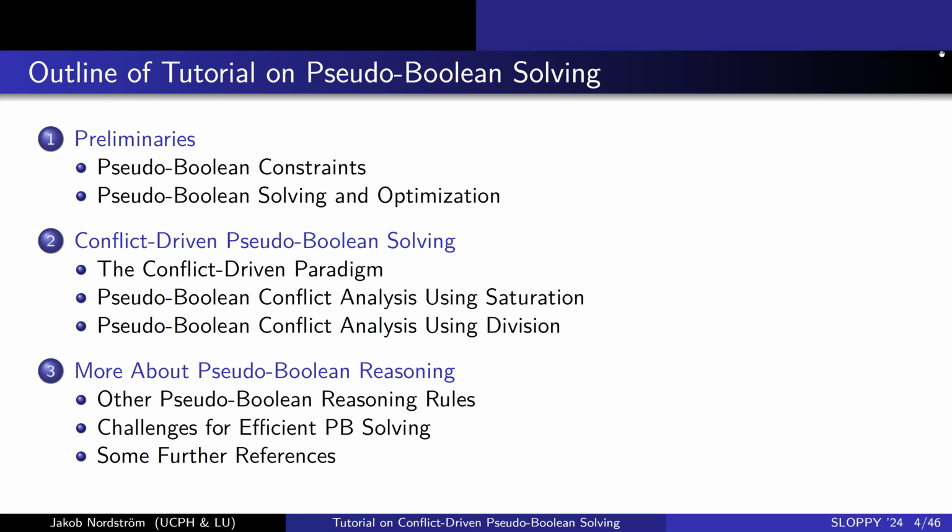Take another look at what we did in SAT and think about what it means to do, quote unquote, the same in a 0, 1 integer linear setting. And then towards the end of the talk, we're going to talk a little bit about possible open problems.